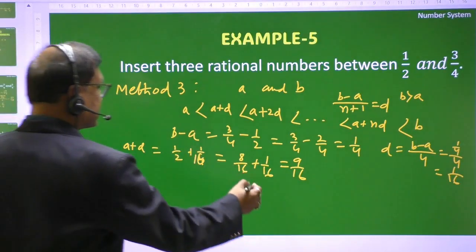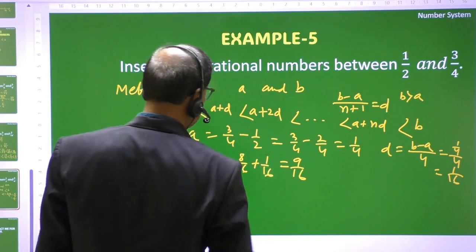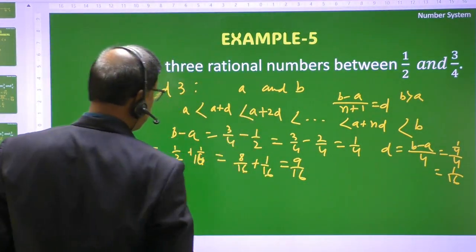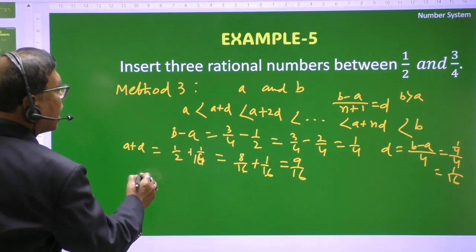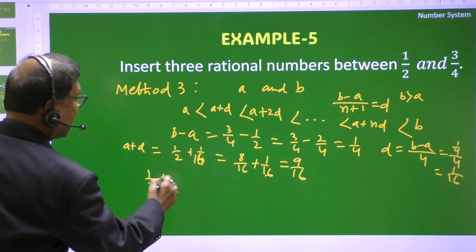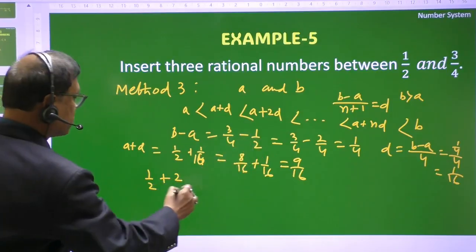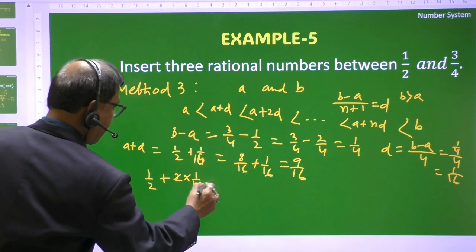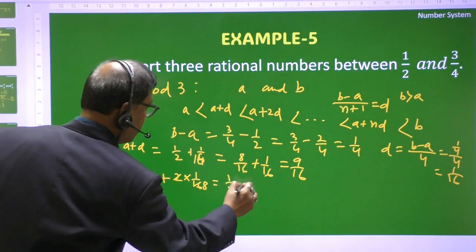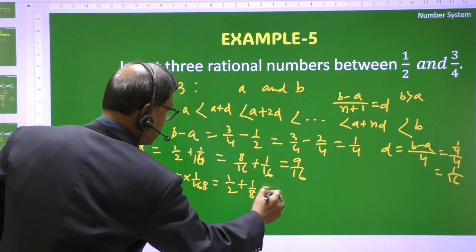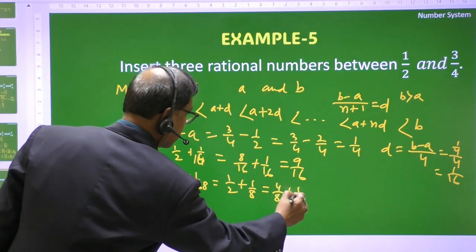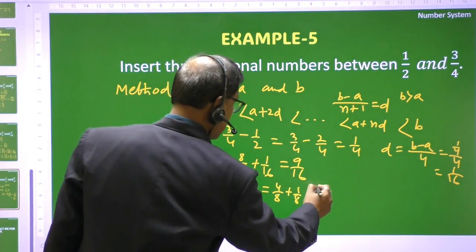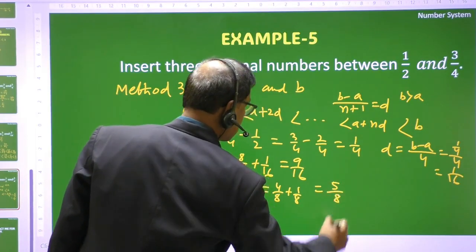Now the next number, after 9 by 16, if we add D value again, that is A plus 2D, that is half plus 2D. D value is 1 by 16. Yes. So 1 by 2 plus 1 by 8, that is 4 by 8 plus 1 by 8, that is 5 by 8.